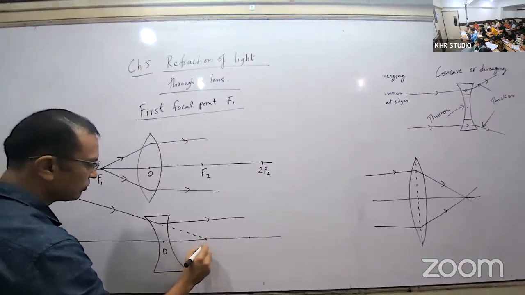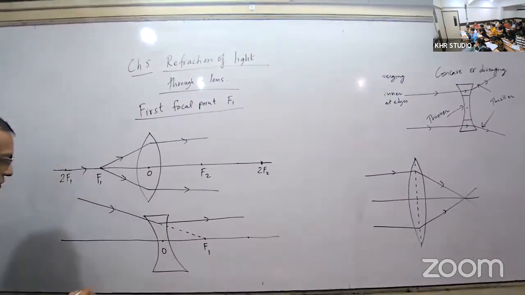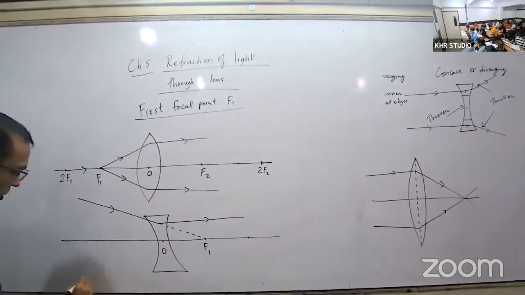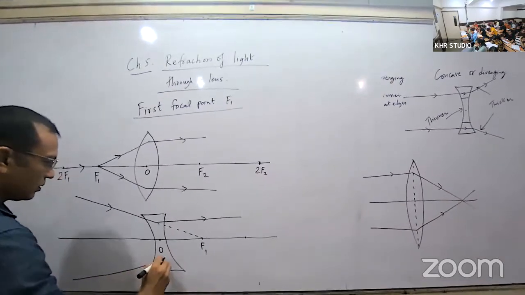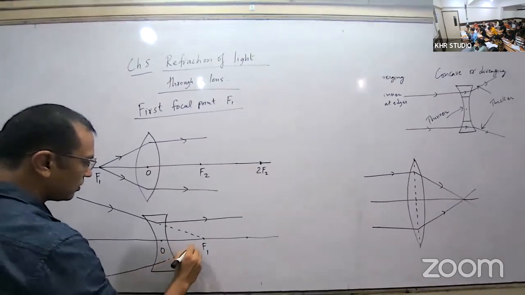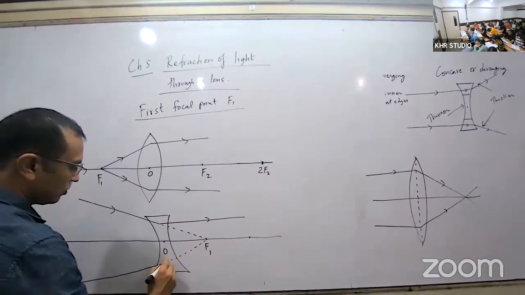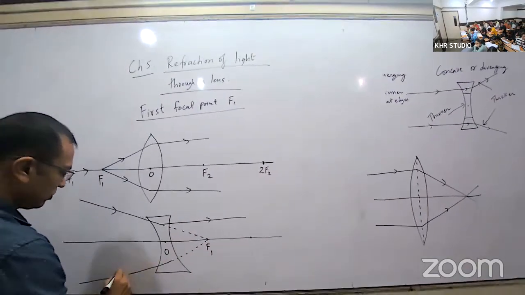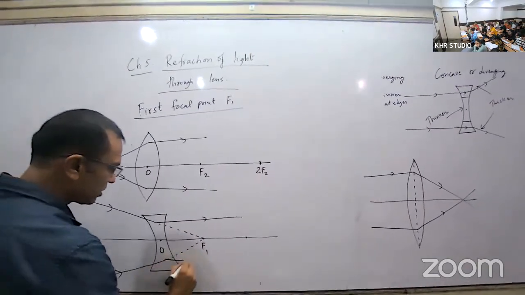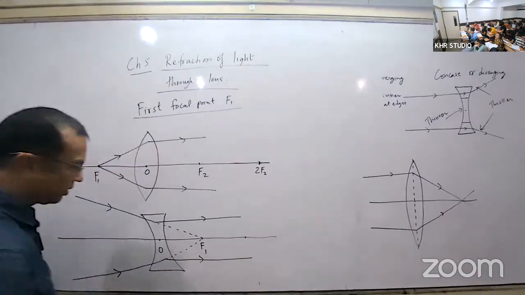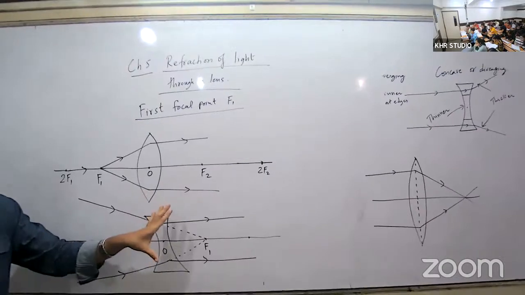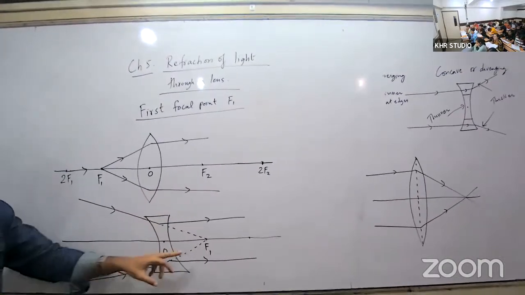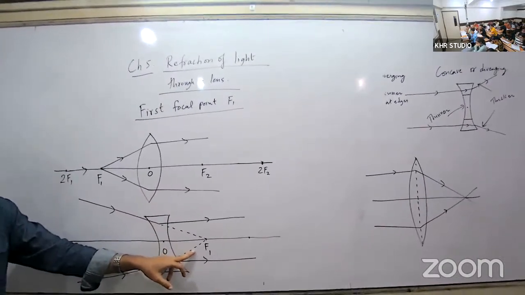This is coming towards the focus, so this is now the principal focus in this case. Right? So it is diverging, and after it emerges, it will become parallel. So the refracted light ray should be parallel, and that becomes the first focus.